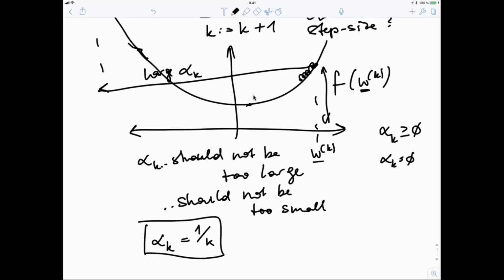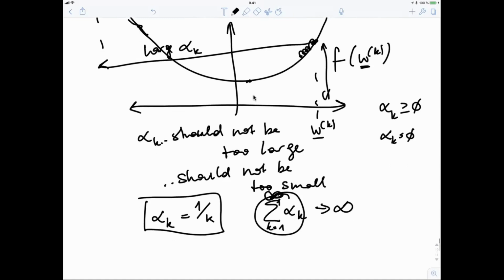And more generally, the necessary and sufficient conditions for the step size are, first, infinite summability. If you sum the step sizes themselves, they must diverge. This sum must grow without bound: if you start counting at 1 and you sum more and more of these step sizes, it should go to infinity. This corresponds to the requirement that alpha K should not be too small.